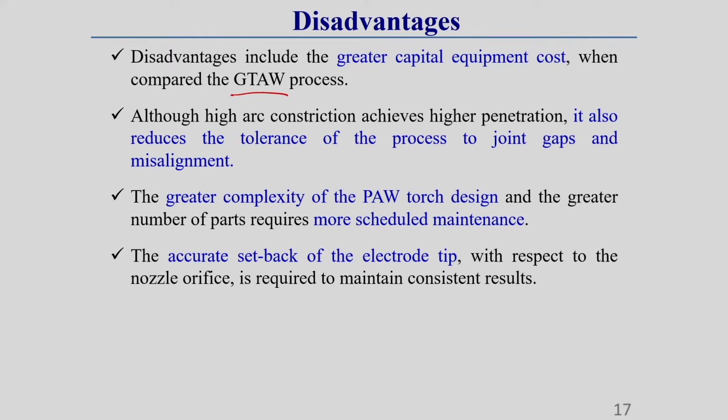GTAW means gas tungsten arc welding process. Although high arc constriction achieves higher penetration, it also reduces the tolerance of the process to joint gap and misalignment. And you see the greater complexity of the plasma arc welding torch design and the greater number of parts require more scheduled maintenance.